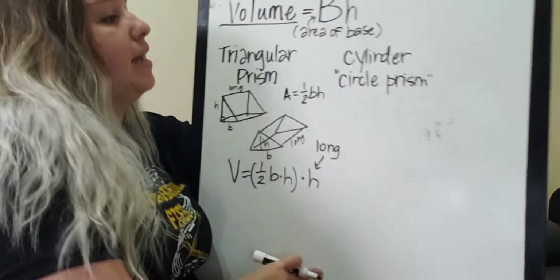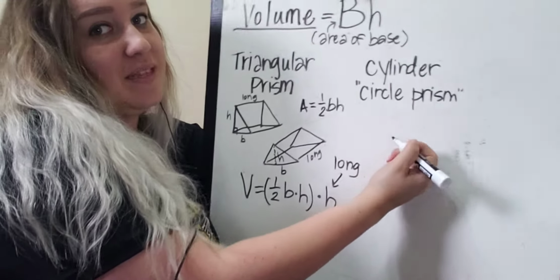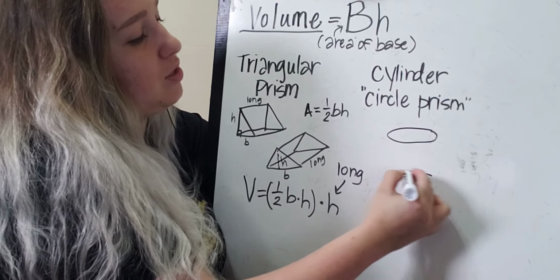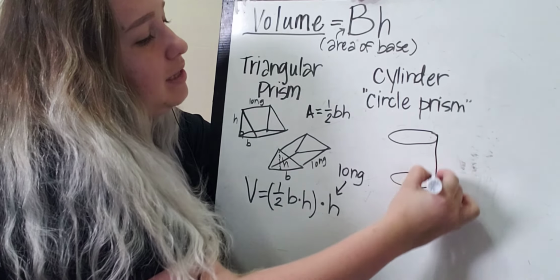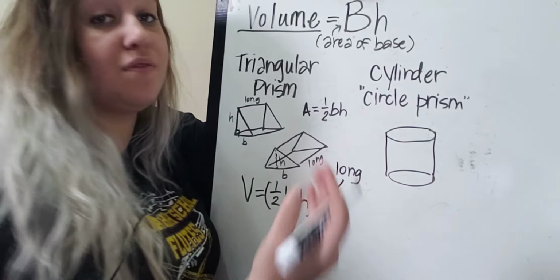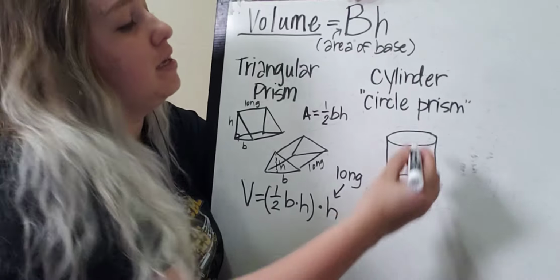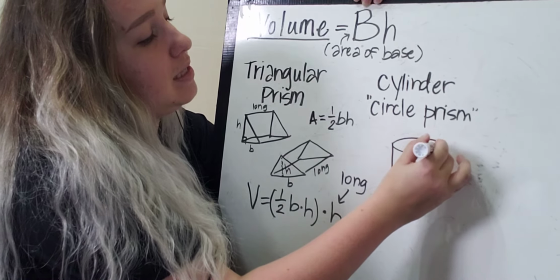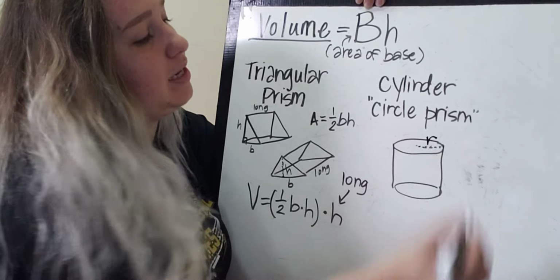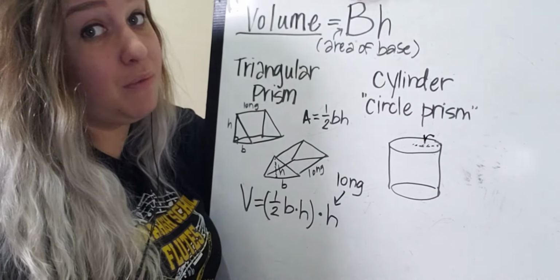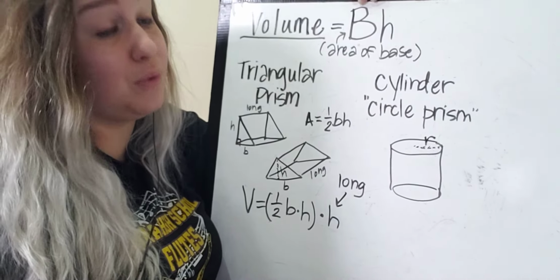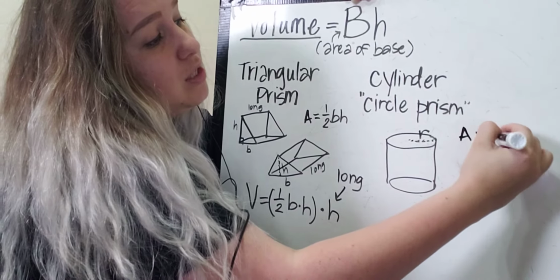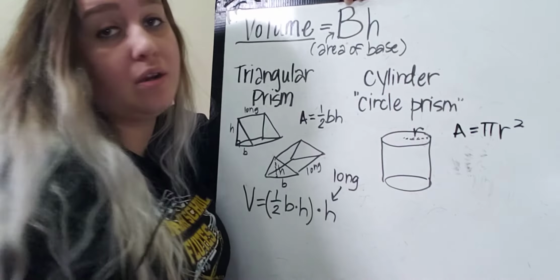All right. Now, circle prisms, cylinders. We're going to draw a circle on top, circle on the bottom, and connect the 2 sides. And you've drawn a cylinder. What you're going to need here is a radius in order to get this one done. We've already worked with circles for 2 weeks, so we're getting pretty good at circles. We know by now that the area of a circle is pi r squared.